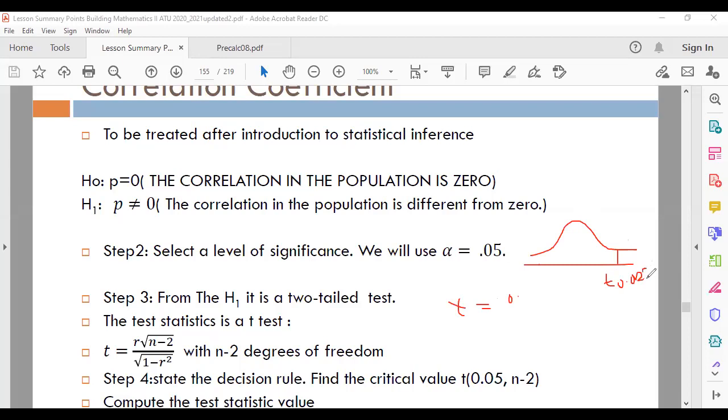And then you read the degrees of freedom, which will be what? 3. Once you obtain it, you compare the calculated value here, the T statistic value, with the critical value, because the rejection will be on the right and on the left. So you compare whether the calculated value will lie in the acceptance region or rejection region. If it lies in the acceptance region, then we don't have evidence to reject the claim. If it lies in the rejection region, then we have enough evidence to reject the claim.